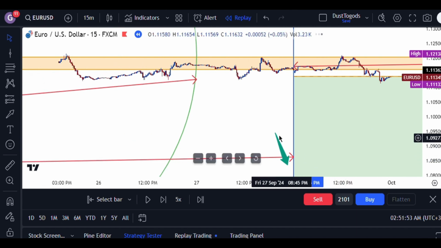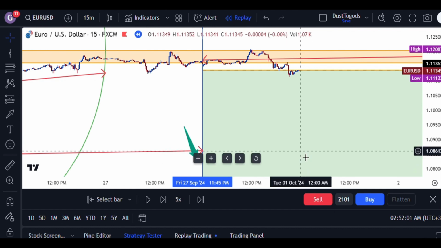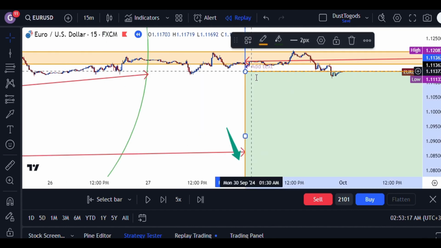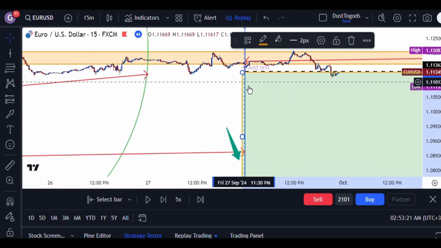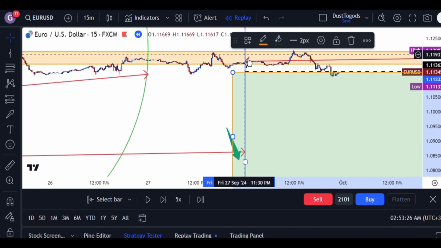Because the previous day candle was the 27th, we are looking to sell on the 28th, but the 27th was a Friday, so the market will be closed on the 28th. So we are going to look at selling on a Monday, which would be the 30th of September.